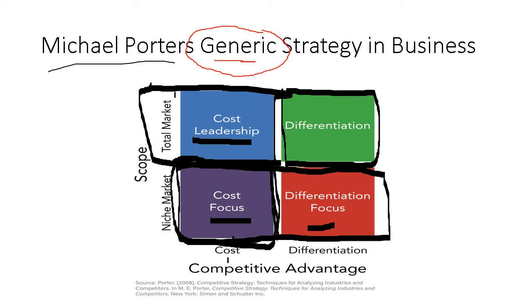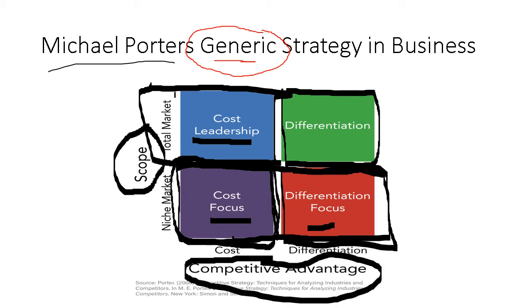On the other hand, if you are targeting a niche market and your strategy is differentiation, you should go with differentiation focus. Again, this is the scope and this is the competitive advantage, and we have cost and we have differentiation. Let us move forward.